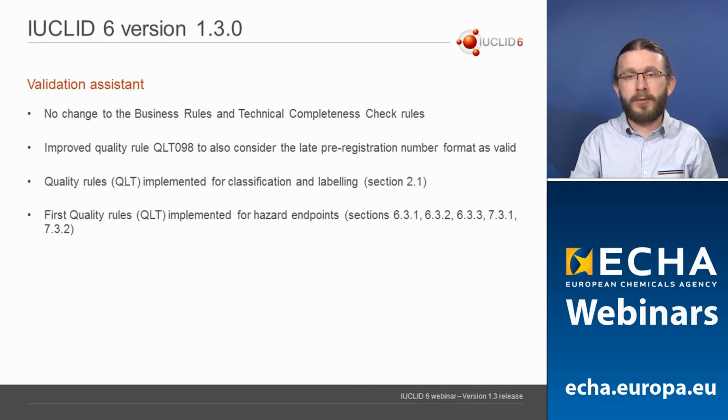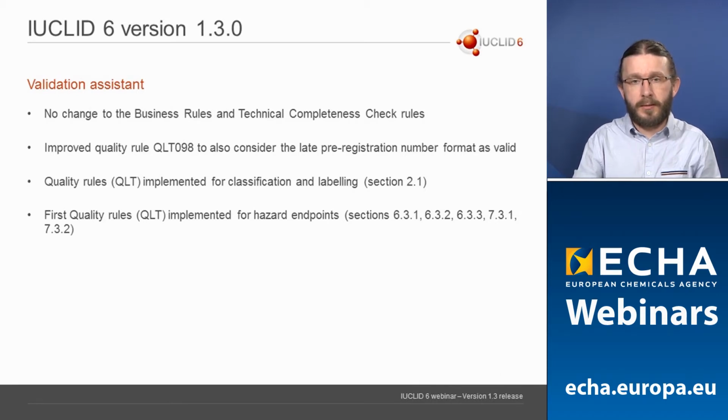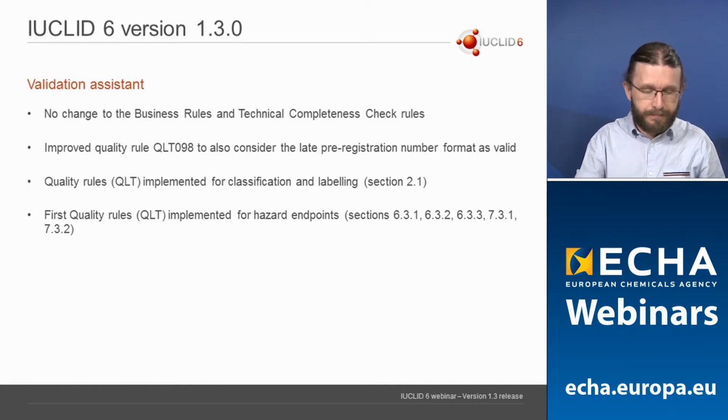So for ecotoxicological study reports or study summaries, and some hazard endpoints as well. And we will continue introducing more quality rules to give some pointers towards some potential deficiencies or problems in relation to the quality of the data stored in Euclid.